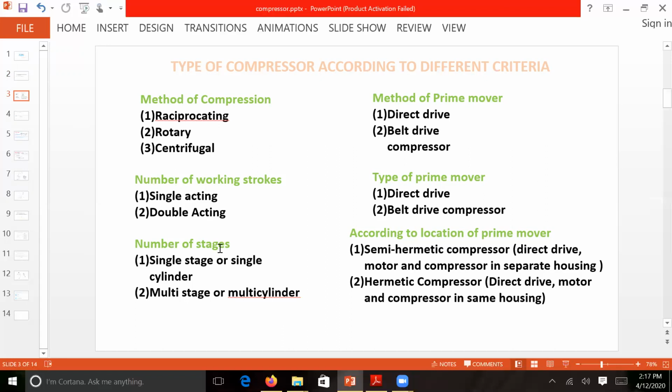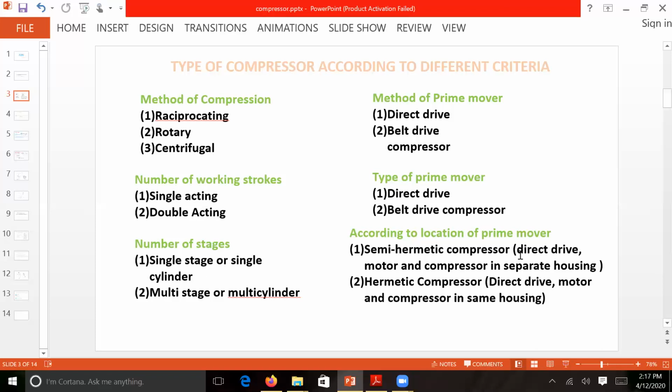Number of stages: it may be single cylinder, multi-cylinder or double stage. Another important factor is whether it is a semi-hermetic compressor or a hermetic compressor. What do we mean by semi-hermetic or hermetic compressor? Basically, the refrigerant has a very high density, and the pressure where you are operating is very low, so there is a chance of leakage of refrigerant to the ambient.